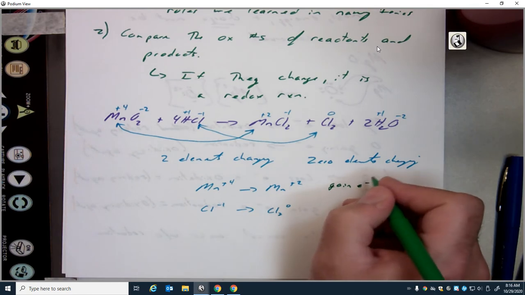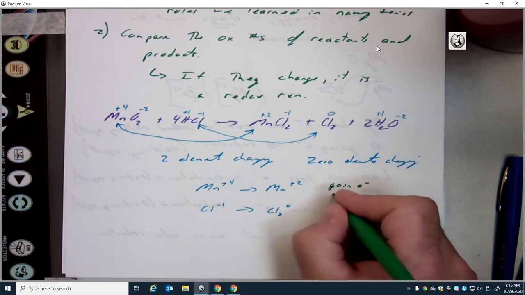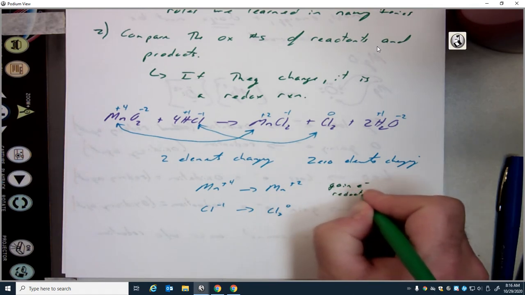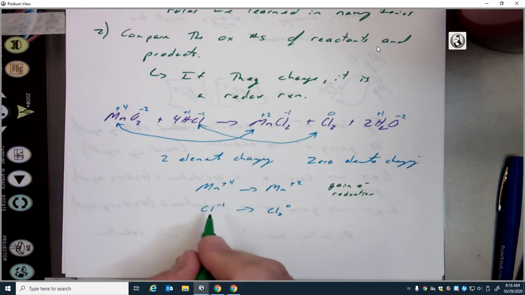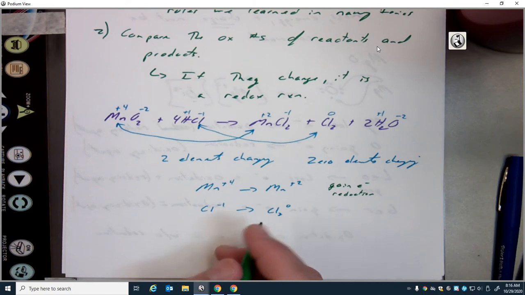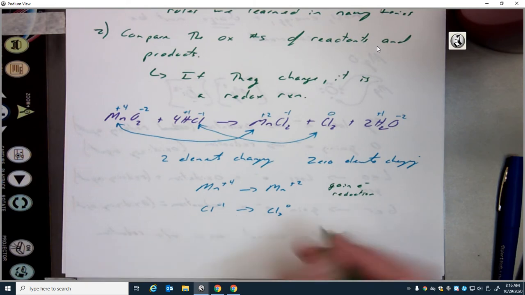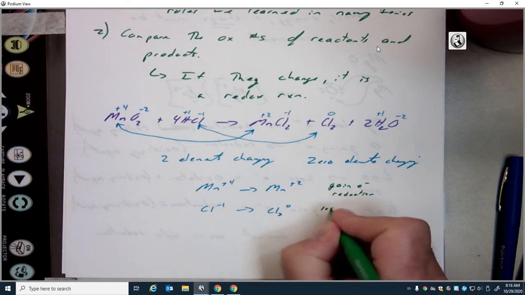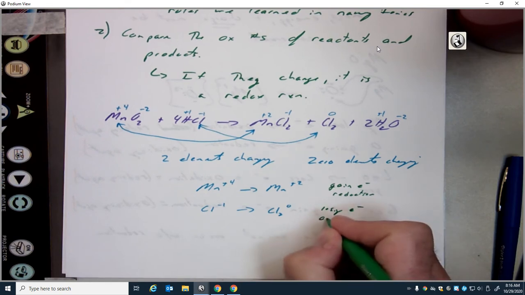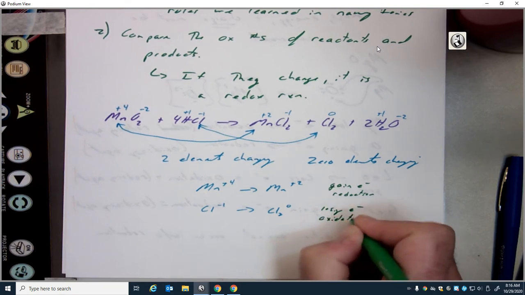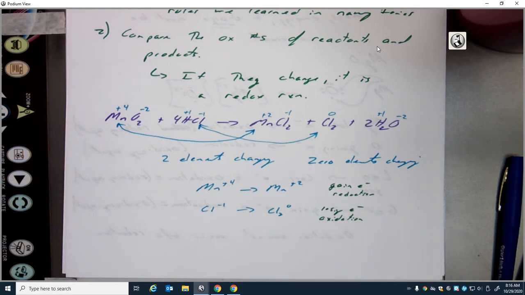If it gains electrons, it's GER, so it's reduction. That means this better be oxidation. Well, the chlorine is going from -1 to 0. Okay, the charge is increasing, so it's losing electrons, which means it's oxidation, which is good.